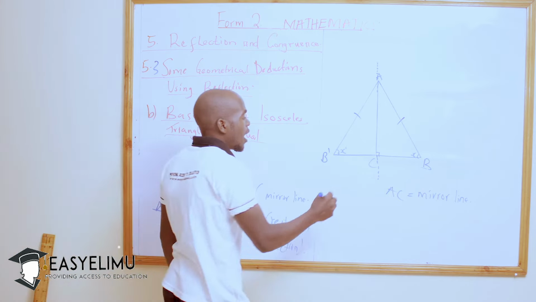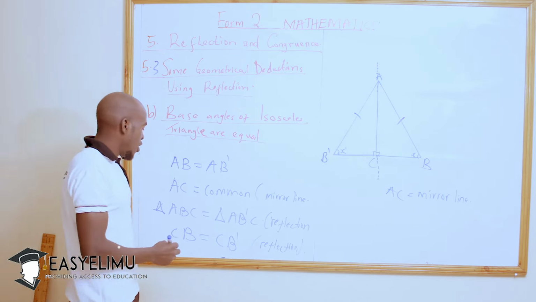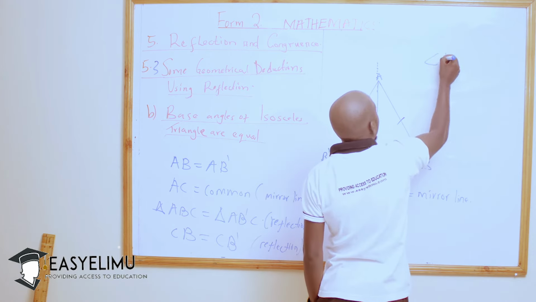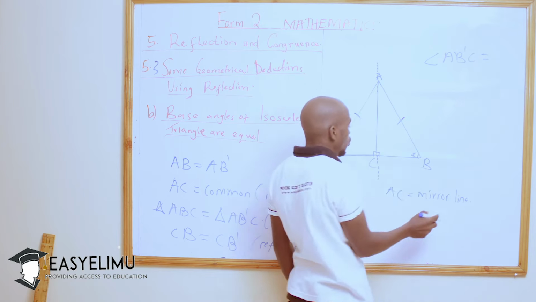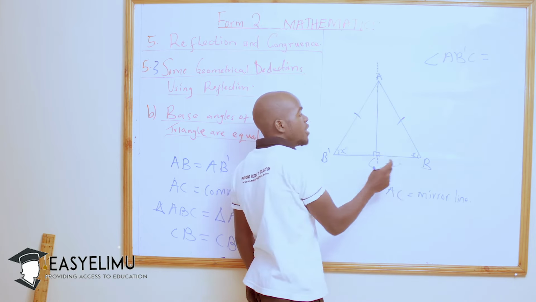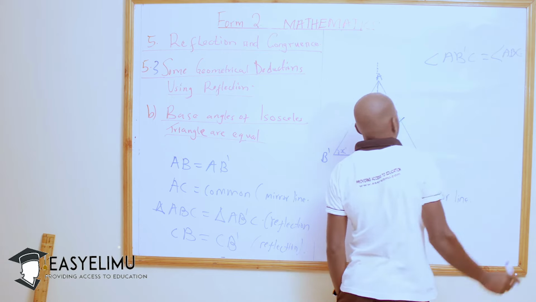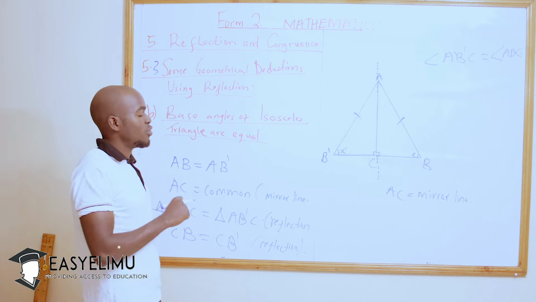And since this angle is also 90 degrees, then that means that angle AB prime C is equal to this angle ABC. That is, angle X is equal to angle X prime, as you can see.